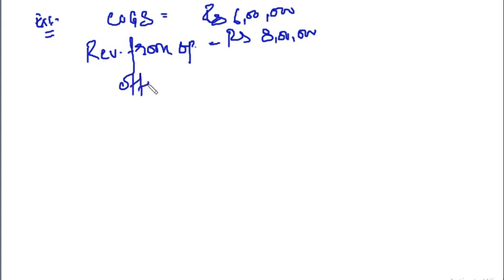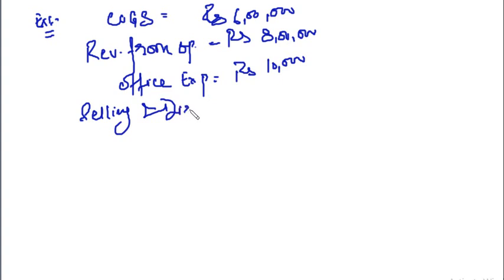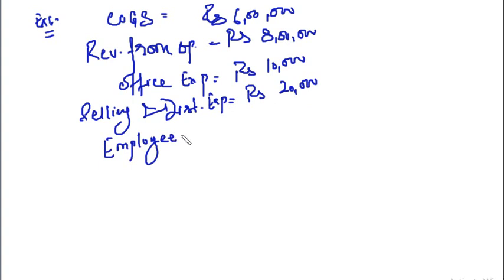Your office expenses are rupees 10,000. Selling and distribution expenses, rupees 20,000. Employee benefit expenses of rupees 10,000.